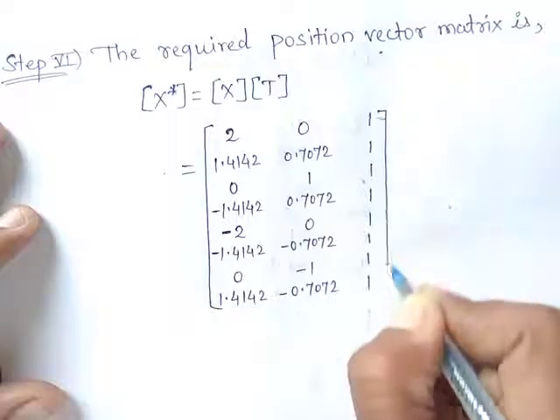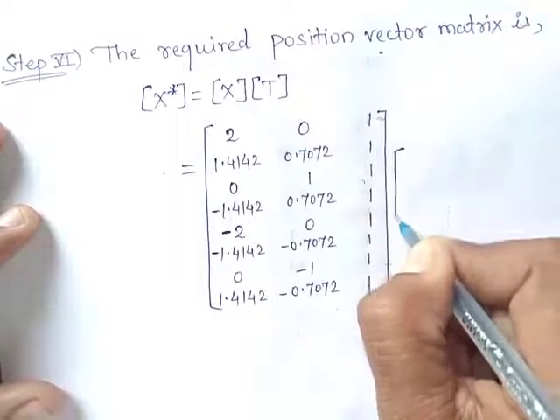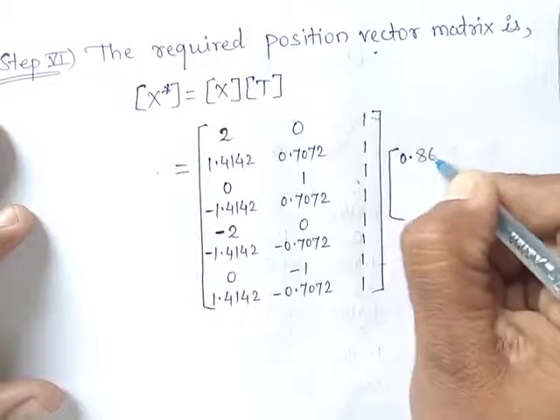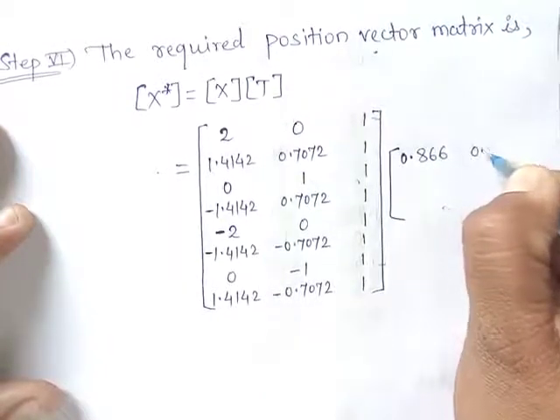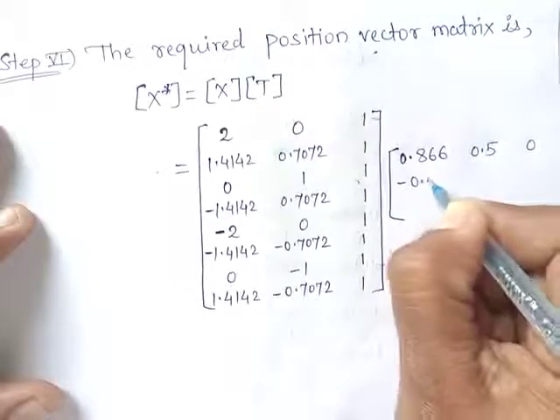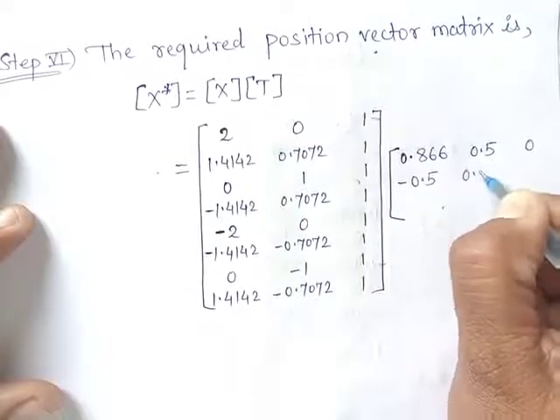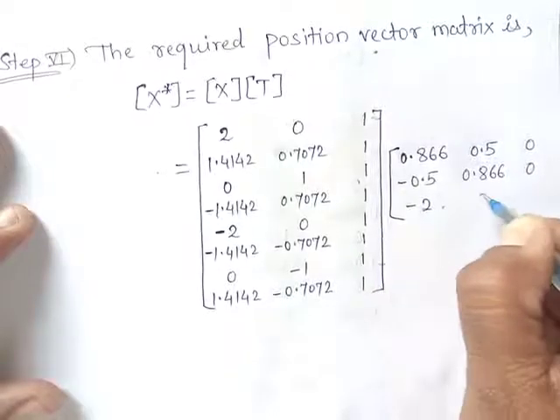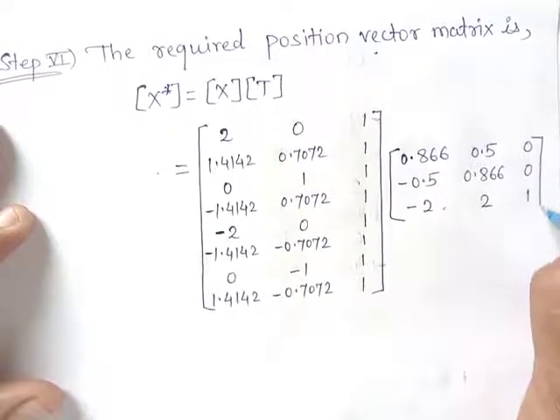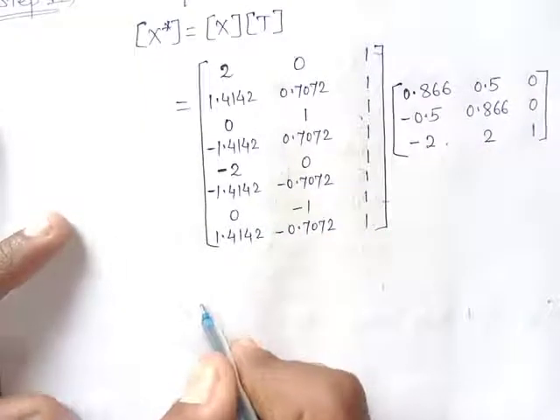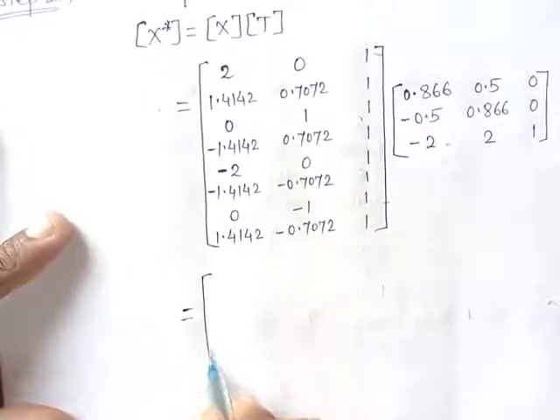And T is 0.866, 0.50, minus 0.5, 0.866, minus 2, 2, 1. Now taking this product, we will get a new position vector matrix.